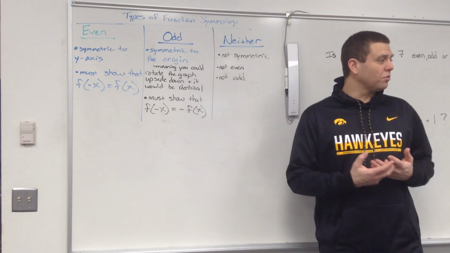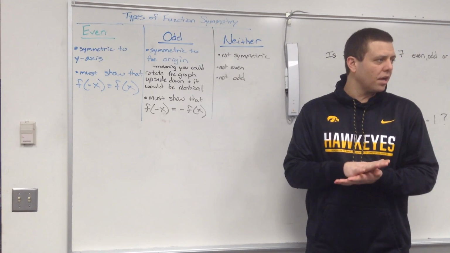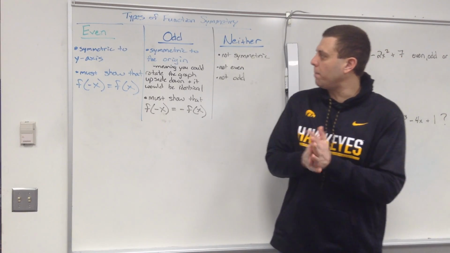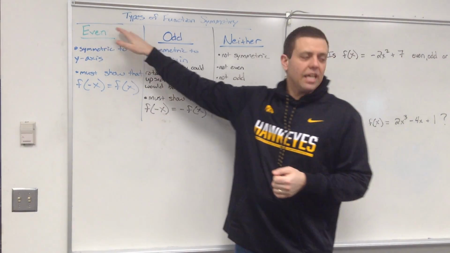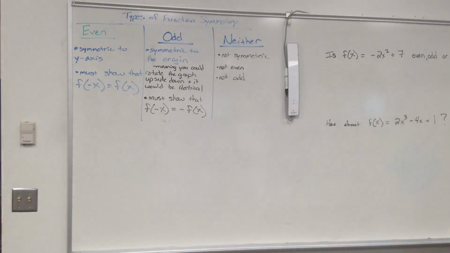So you can use Desmos to help confirm your answer, but you're going to have to show me algebraically how you know it's true. So I wrote a couple parts on each one of these. An even function is a function that is symmetric to the y-axis.